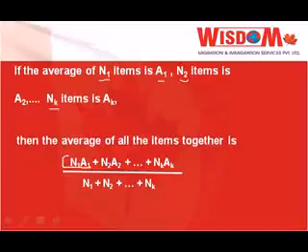This would give you the sum of all n1 items. This would give you the sum of all n2 items. Similarly, going on, each term will give you the sum of each group of items, and adding all the sums we get the total sum here, and dividing it by the total number of items we get our average.